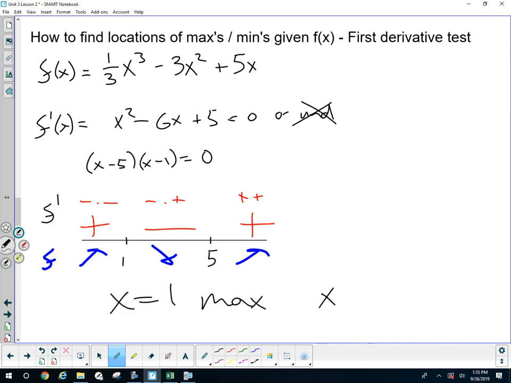1 is the location of a max, 5 is the location of a min. If we had a calculator, we graphed that, we would see that. It's pretty cool. Let's look at the next one.